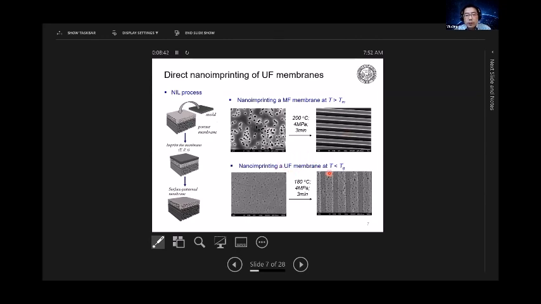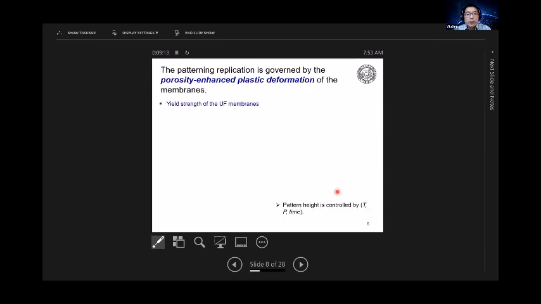Then later, through a lot of trial, we found that if you take this larger pore ultrafiltration membrane, about 15 nanometer size pores, and you print it at 180 degrees, which is about 45 degrees below the glass transition temperature of the polymer, the polymer is not flowing, but under 4 megapascal pressure, you can imprint or replicate the patterns on the mold by mechanical deformation. So first, we investigated what governs the pattern replication process.